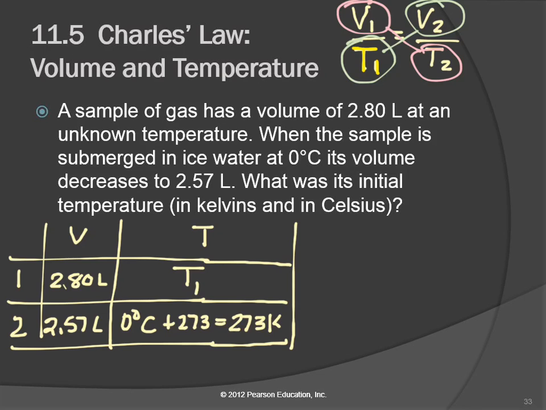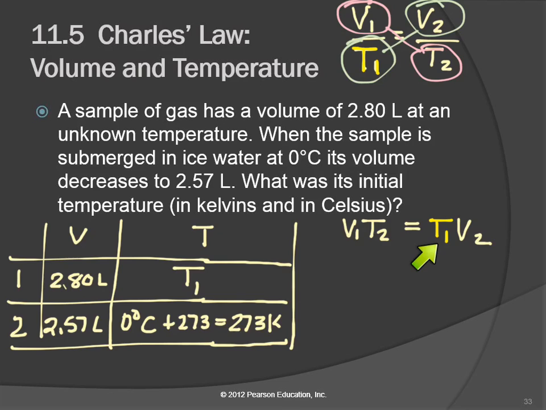So when I do that, I get V1 T2 equals T1 V2. Everybody still with me? See how I did that? So we're going to get rid of the fractions, and now this equation is easier to rearrange.